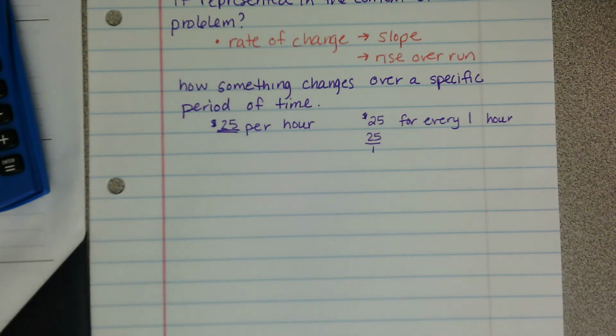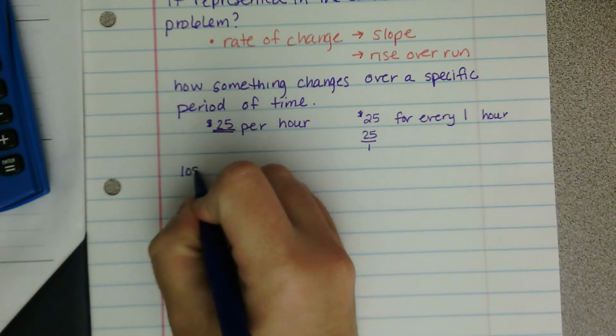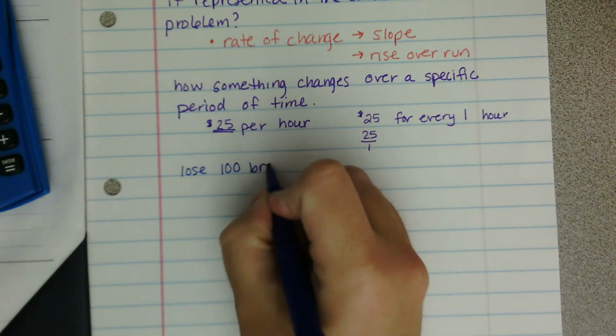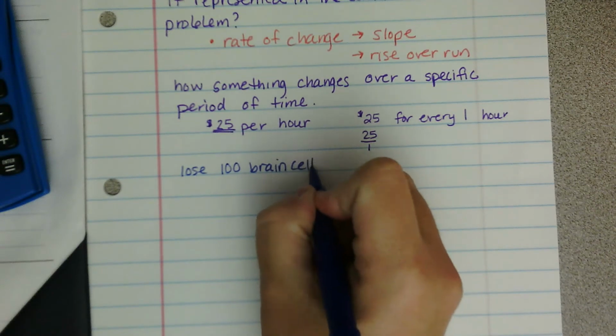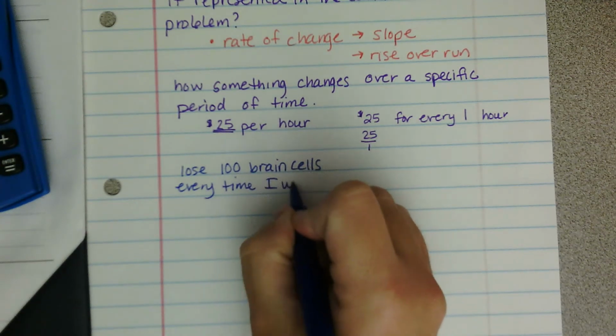If it's something like, what is the rate of change when you have a negative amount, like this is a silly example, but let's say I'm going to lose 100 brain cells every time I watch SpongeBob.